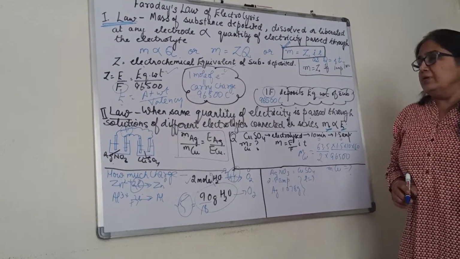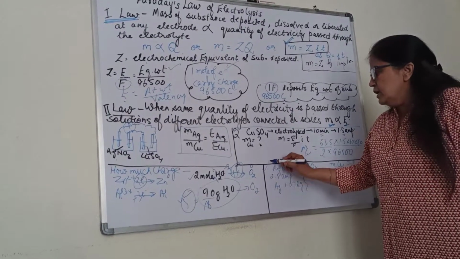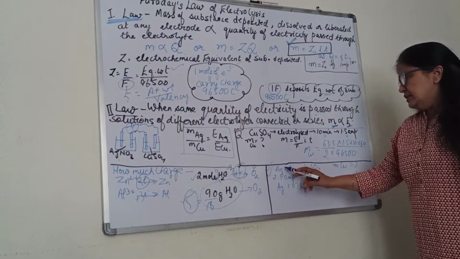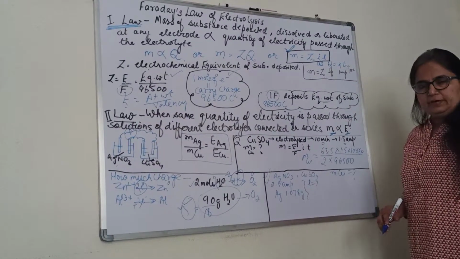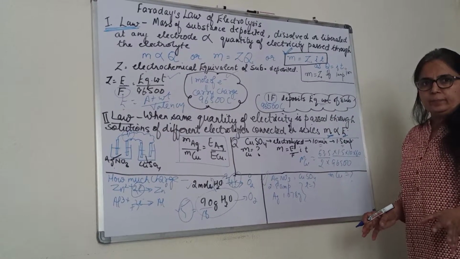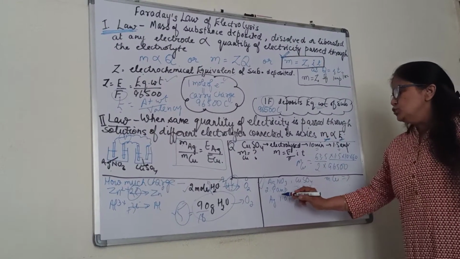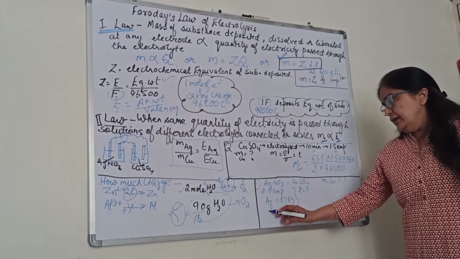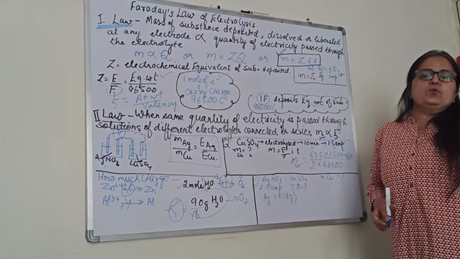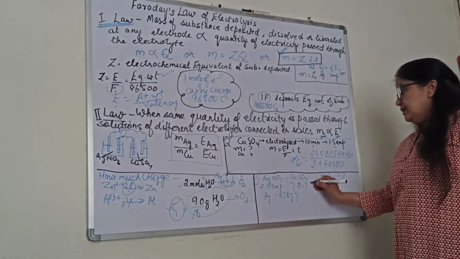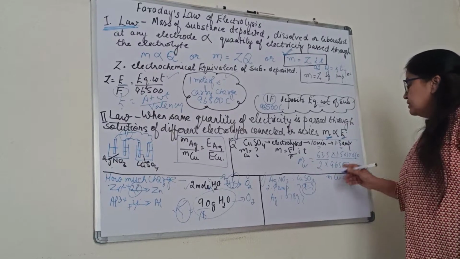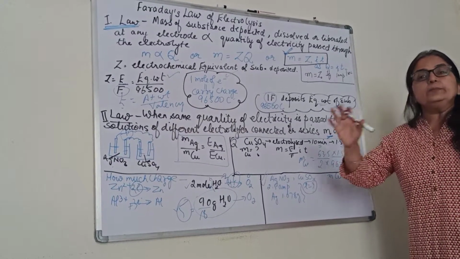Third type of numericals you will come across is based on the second law. Say silver nitrate and copper sulfate, these two solutions are connected in series. 2.5 ampere current was passed through that and mass of silver deposited was given, and they are asking for how much time the current was passed and what is the mass of copper deposited.